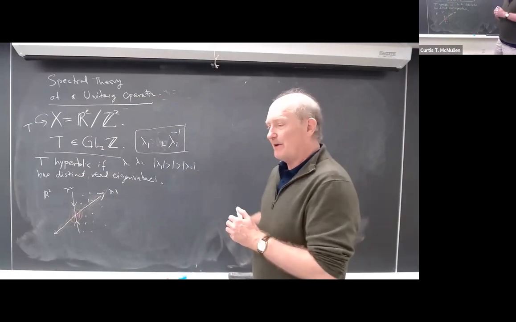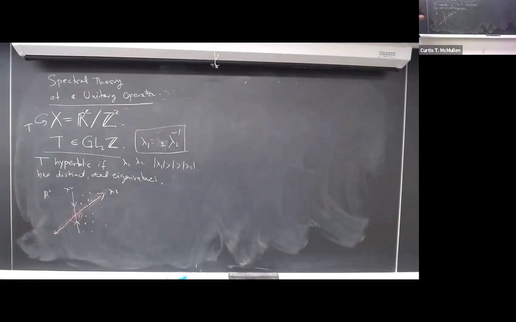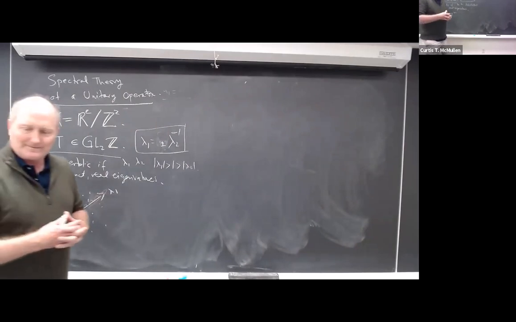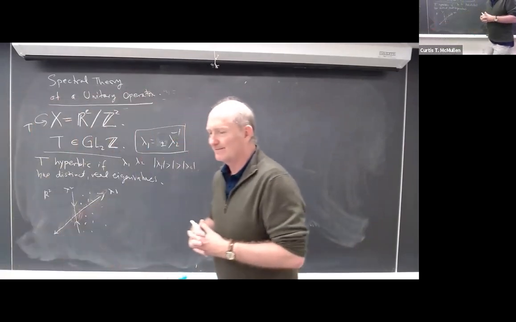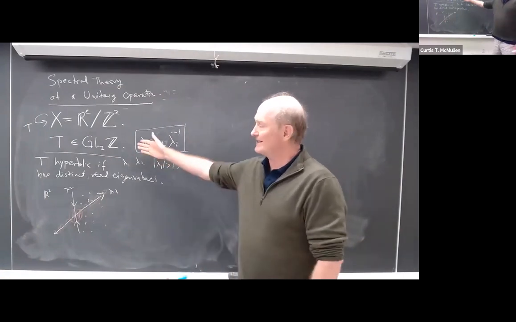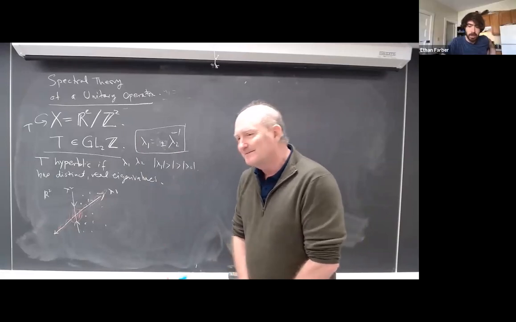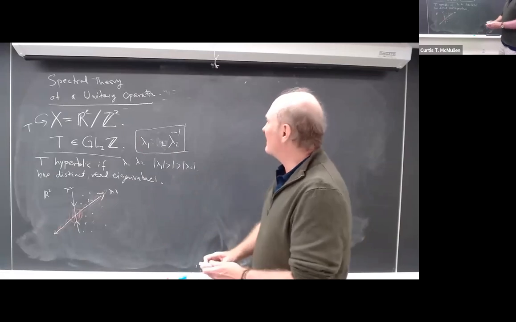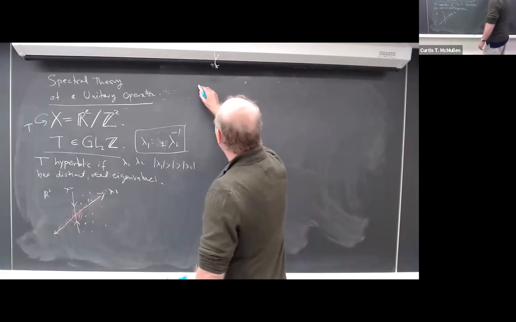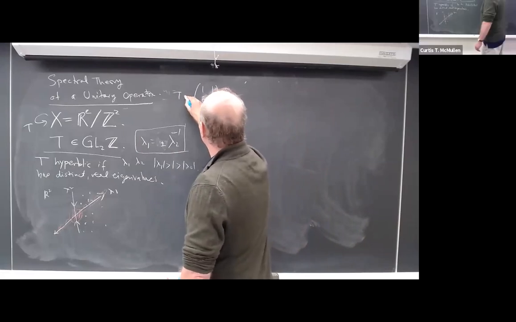Now, what are some other possibilities for an element of GL2Z other than hyperbolic? Maybe every element is hyperbolic. Are there any elements that aren't hyperbolic? You could have a single Jordan block. So you could have a map like T is 1, 1, 0, 1.